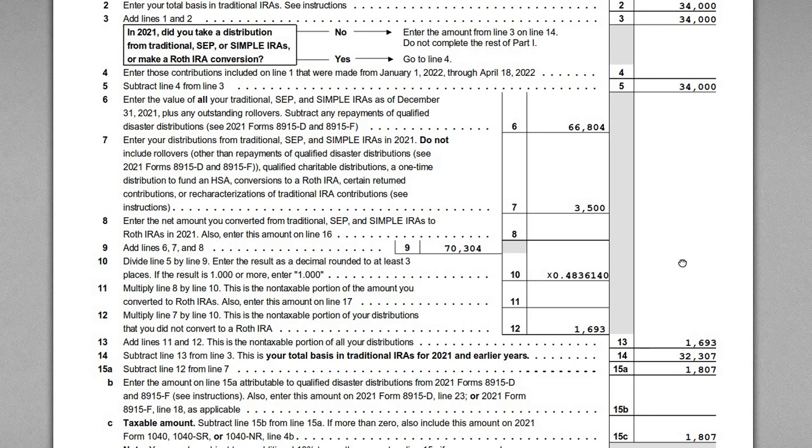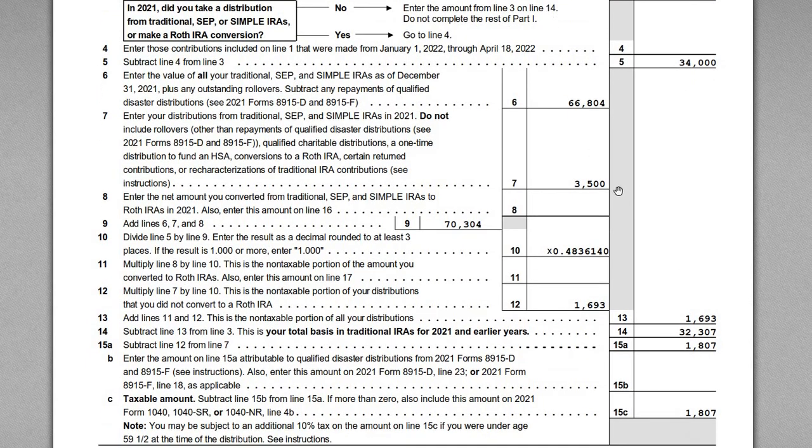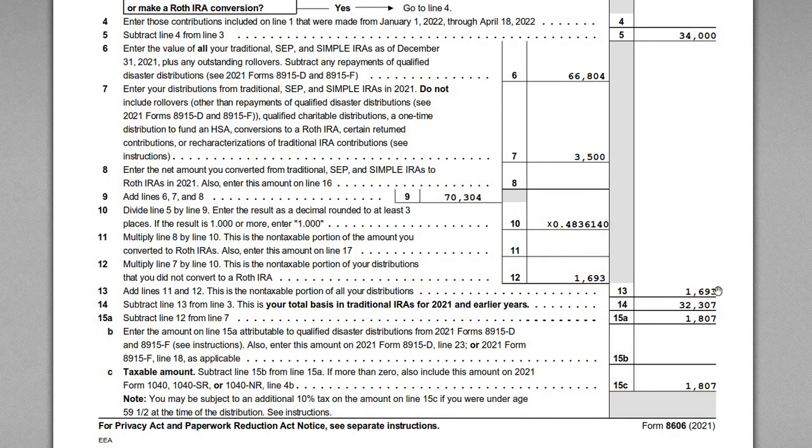And so what we're doing now is we're going to allocate this $3,500 using that percentage between what is a return of basis, so return of principal, versus what is going to be recorded as income. If we complete the rest of the math here, what we find is that the non-taxable portion of the distributions, the return of principal, is $1,693, and then the difference between $3,500 and $1,693 is $1,807. That is the taxable piece of the distribution.